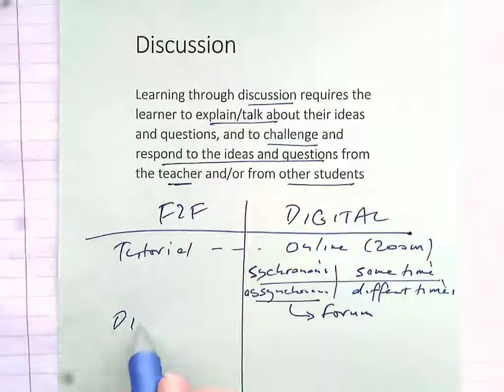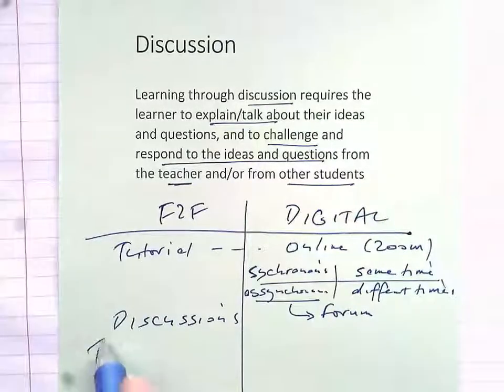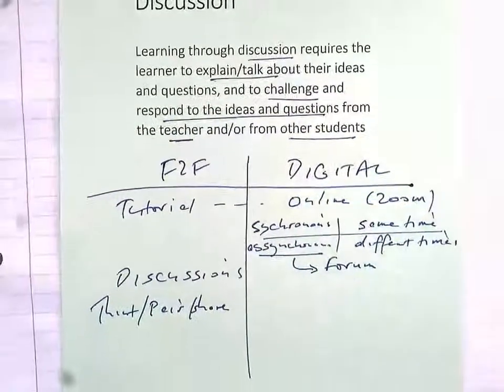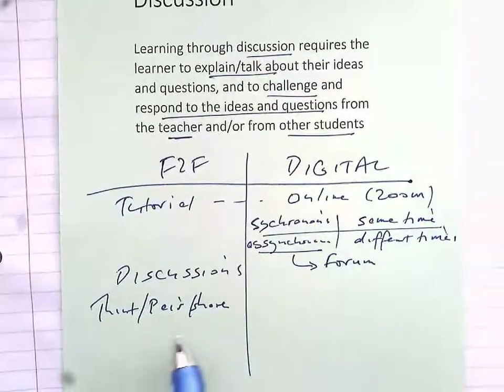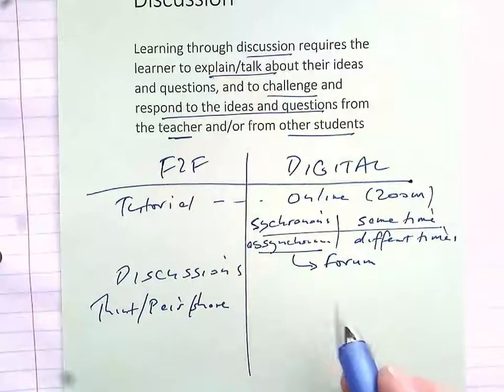There can be discussions, think, pair, share. Probably one of the most powerful, simple face-to-face things, which is a strategy that supports discussion and interaction. You do this in slow motion online.